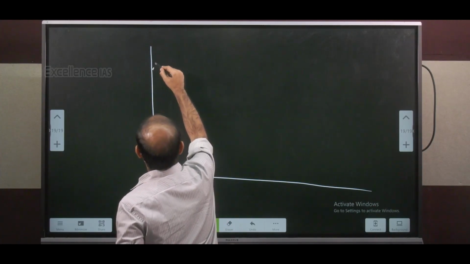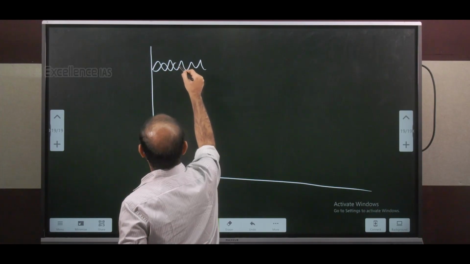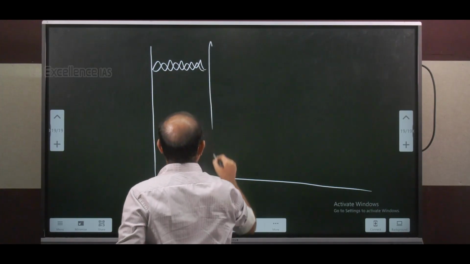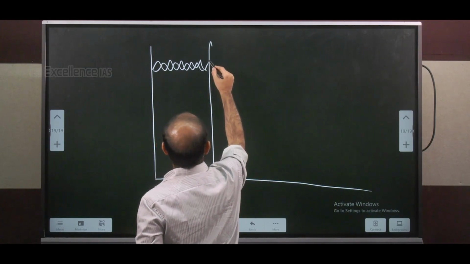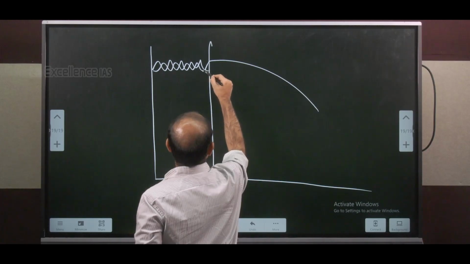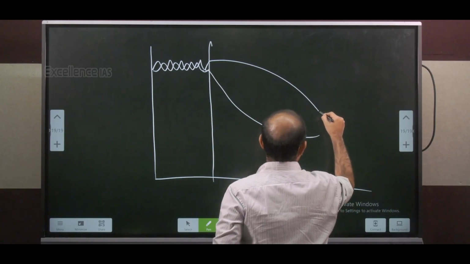So in stage 1, it is like this. Then this is stage 2.